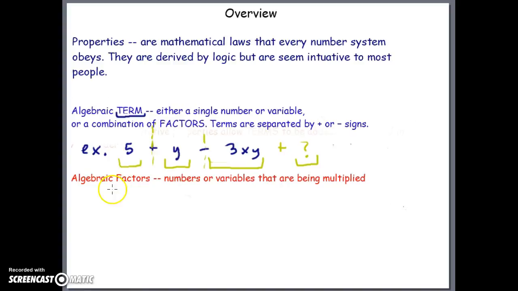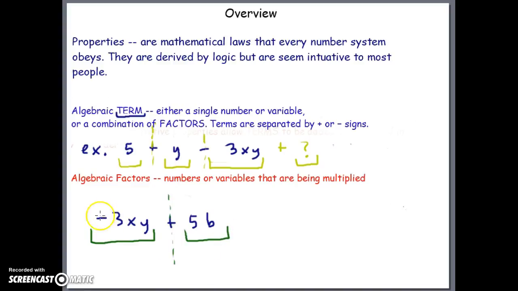And then algebraic factors are numbers or variables that are being multiplied. Let's take negative 3x, y, and then let's say plus 5b as an example. In this example, we've got two terms because we've got one addition sign.